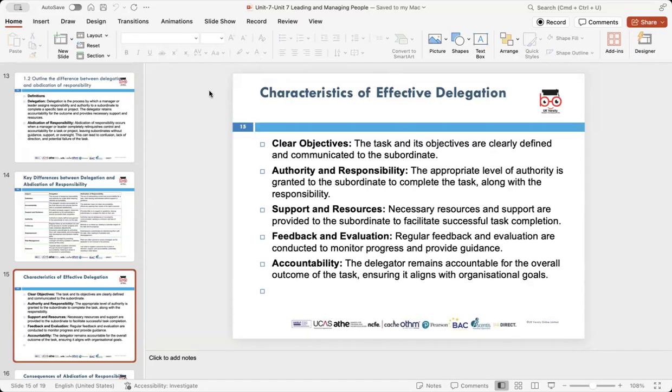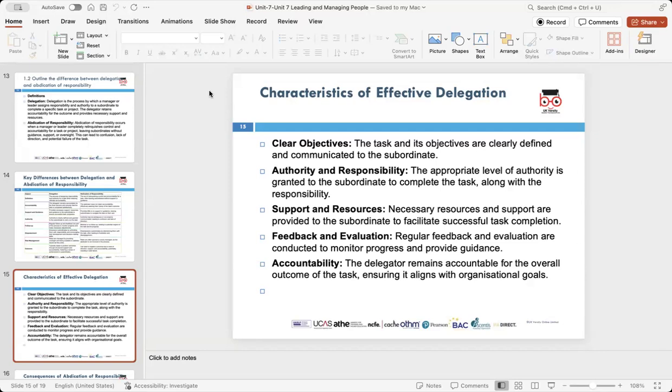Right. So, characteristics of effective delegation. We talk about clear objectives, authority and responsibility, support and resources, feedback and evaluation, and accountability. Effective delegation requires a structured approach.